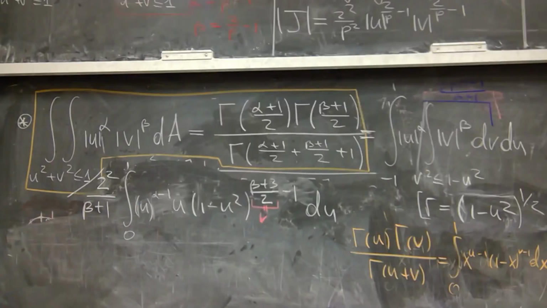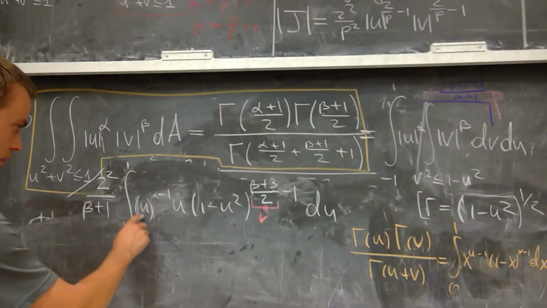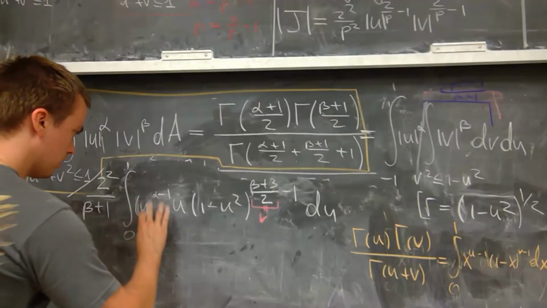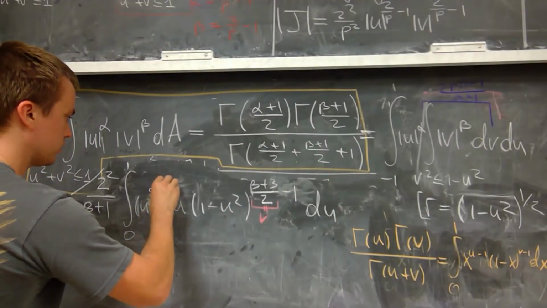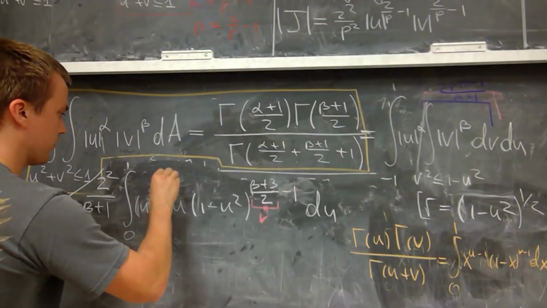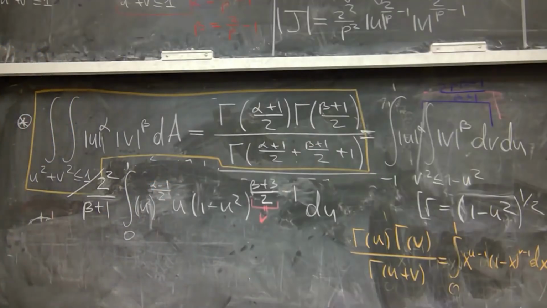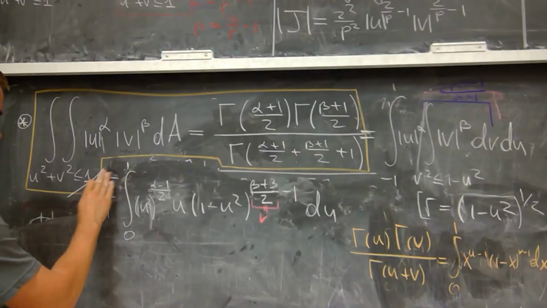And the next step, what can I do over here? If I want to create u squared, I will just make this u squared, but I need to divide my power by 2. So I have (alpha minus 1) divided by 2. And the last step: here I have 2 times 2.